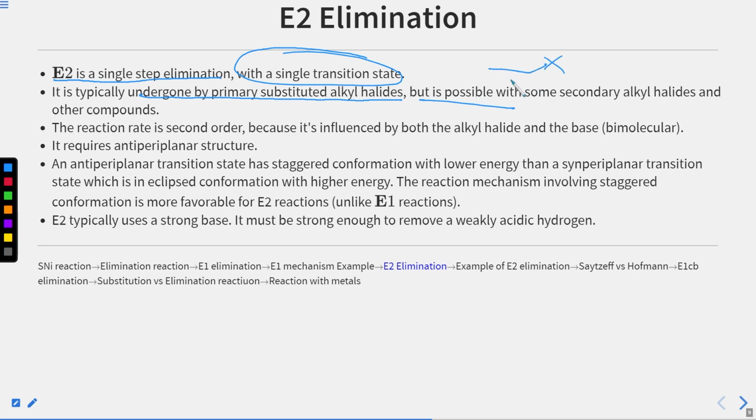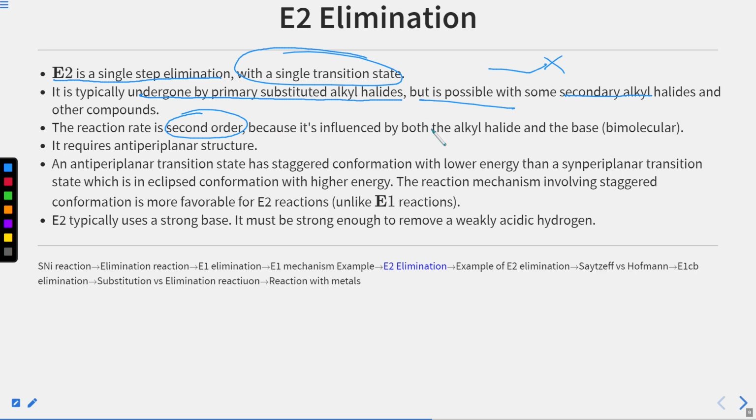Since it would form a less stable carbocation, unless that is an allylic halide, this should be kept in mind. It is sometimes possible with secondary alkyl halides and other compounds. Again, this reaction is second order, because since it is happening in a single step, both the base and the concentration of your alkyl halide will decide the rate of reaction.